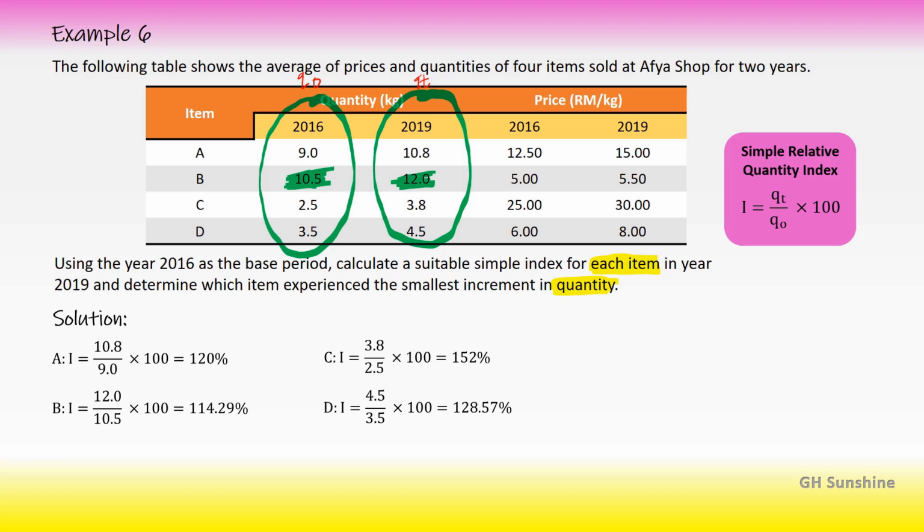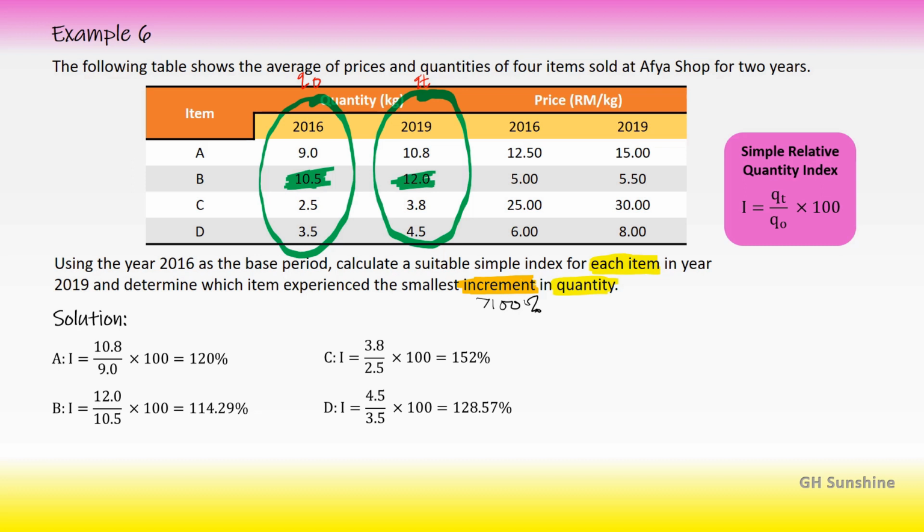Okay, after you calculate all these simple relative quantity indices, next determine which item experienced the smallest increment in quantity. So the keyword here is the word increment. Increment is based on index number which is greater than 100%. By looking at all the index numbers, all of them are greater than 100%.